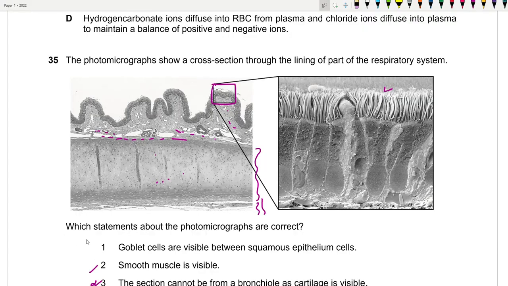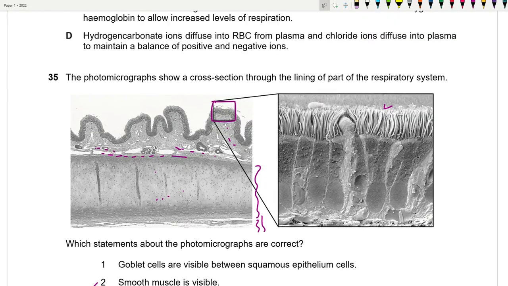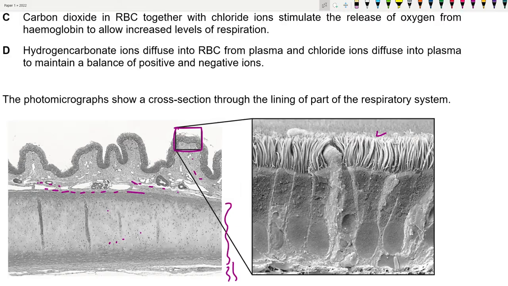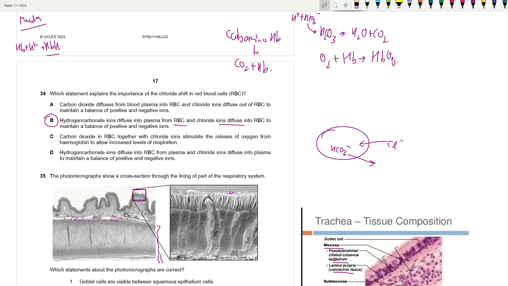Goblet cells are visible between the squamous epithelium cells. So these are just pseudostratified ciliated columnar epithelium. What does a goblet cell look like if you're curious? Let me show you a picture. Goblet cell photomicrograph.